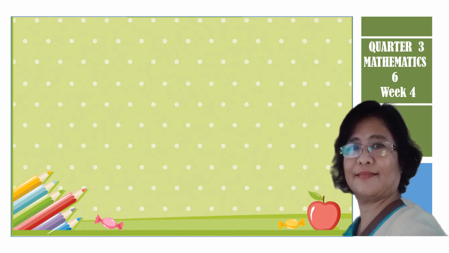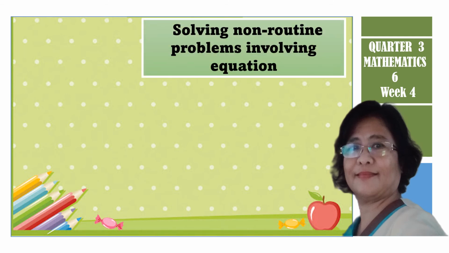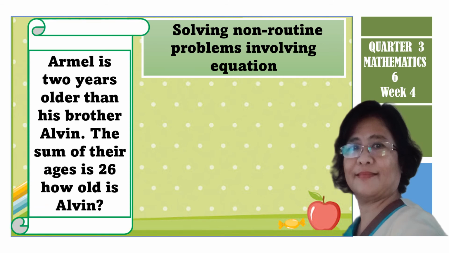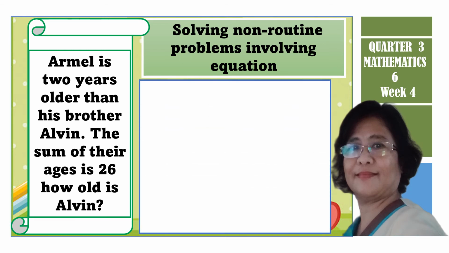Let us solve another non-routine word problem involving ages. The problem is Armel is 2 years older than his brother Alvin. The sum of their ages is 26. How old is Alvin? Let us now understand the problem.